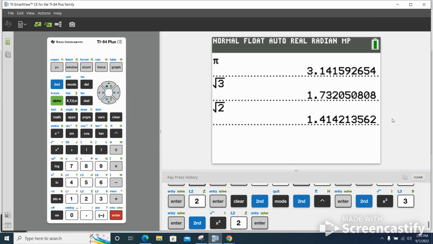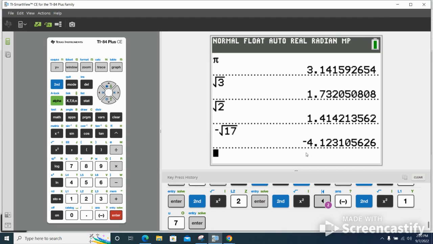There will never be a pattern where you could draw the line, the bar above the numbers, or the set of numbers. Okay. And by the way, if I put a negative sign in front of it, that doesn't change anything. So if I say negative the square root of 17, same thing.